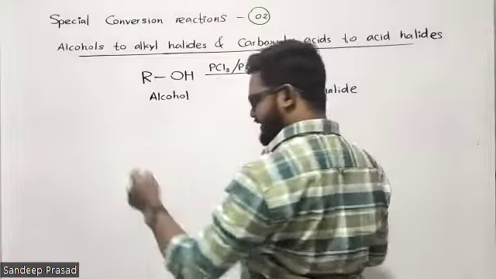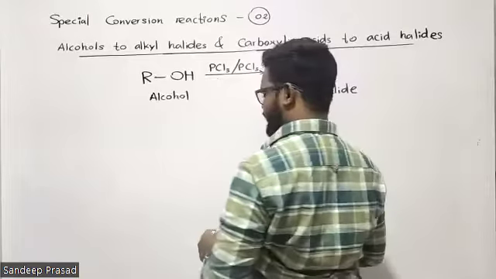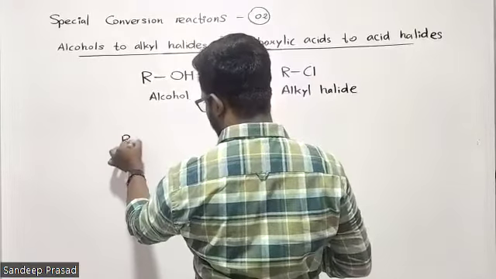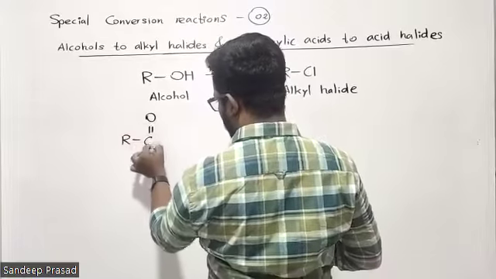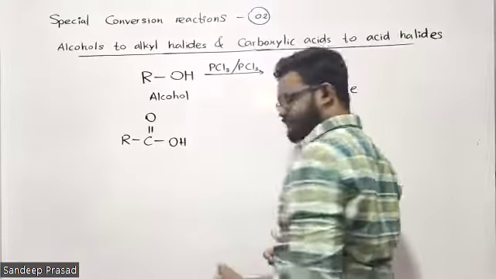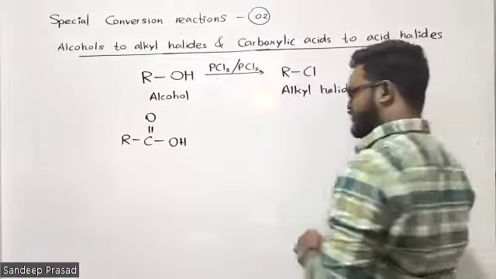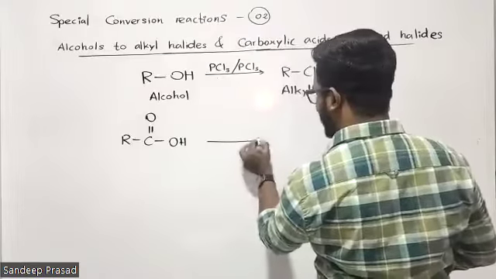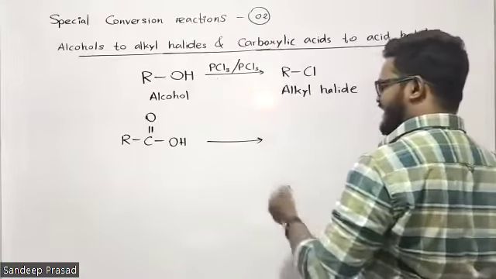In the same way, students, we know that carboxylic acid has a carbonyl group C double bond O, and an OH group is also there. Please mute your microphones. So this is the functional group of carboxylic acid. Here also this OH group can be converted into Cl.